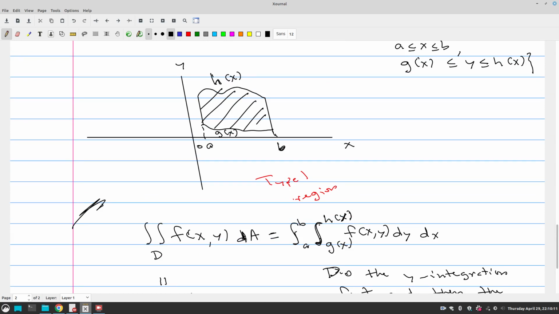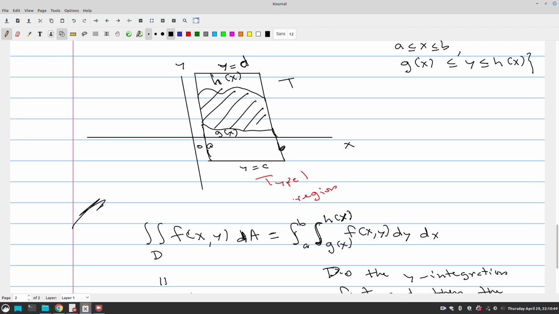The rectangle R. Well, we can easily define R to contain D. So this is y equal to c, bounded below, and bounded above at y equal to d. So this rectangle is R.